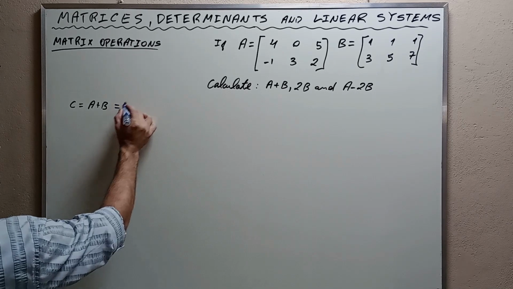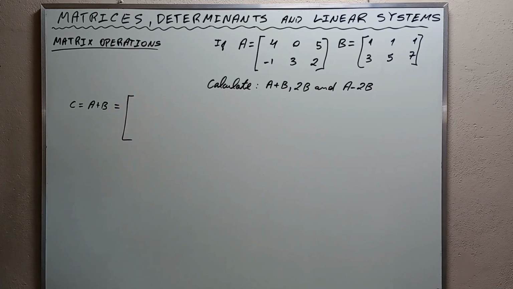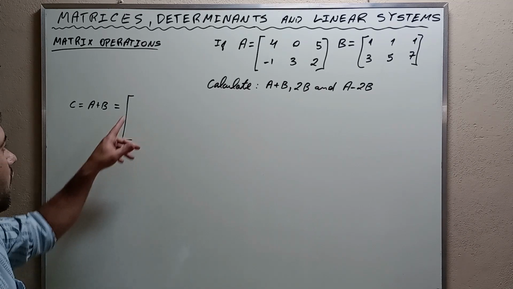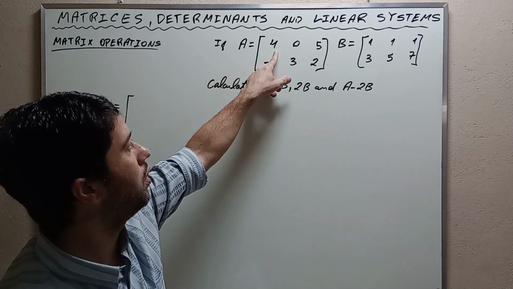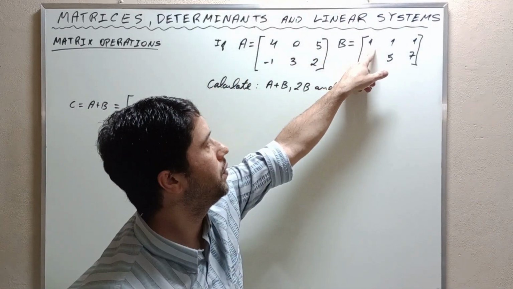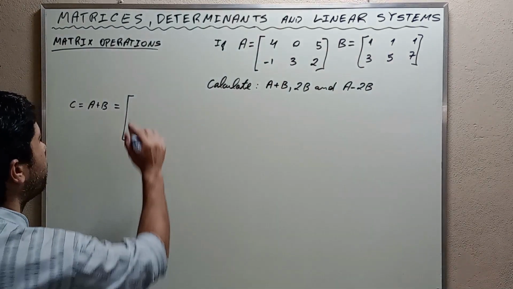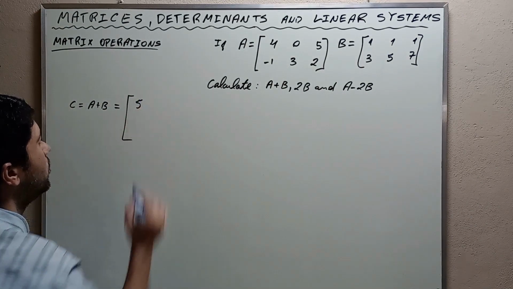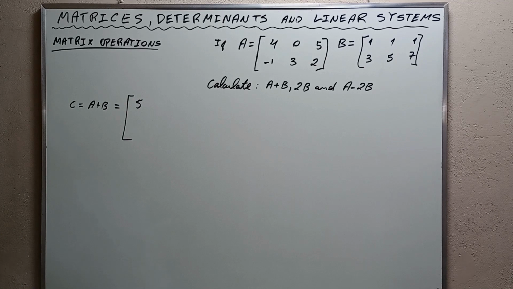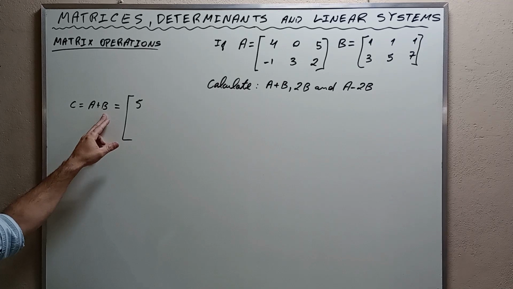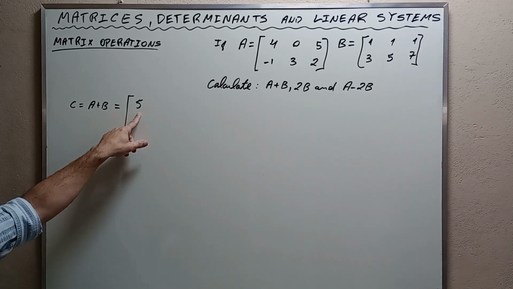The elements of C will be obtained by summing the corresponding elements of A and B. Four plus 1 is 5. The first element of matrix C resulting from the sum of A and B is 5.